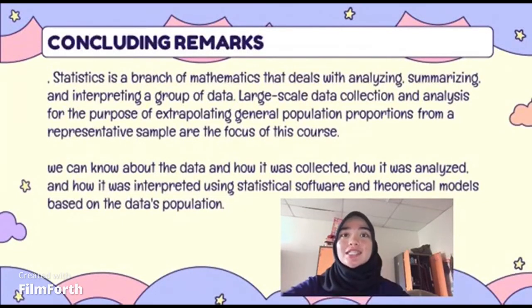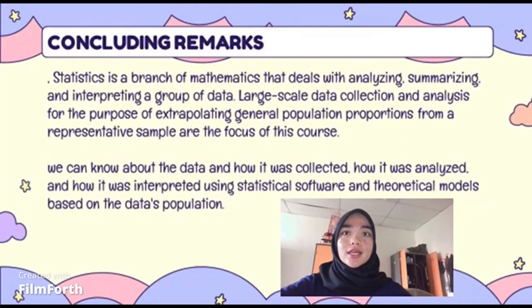In conclusion, statistics is a branch of mathematics that deals with analyzing, summarizing, and interpreting a group of data. Large-scale data collection and analysis for the purpose of extrapolating general population proportion from a representative sample are the focus of this course.